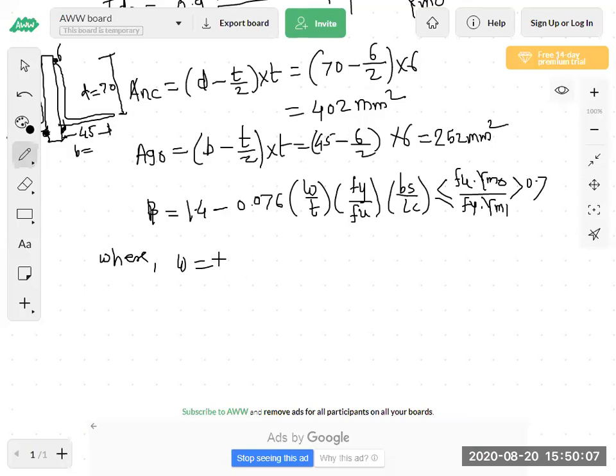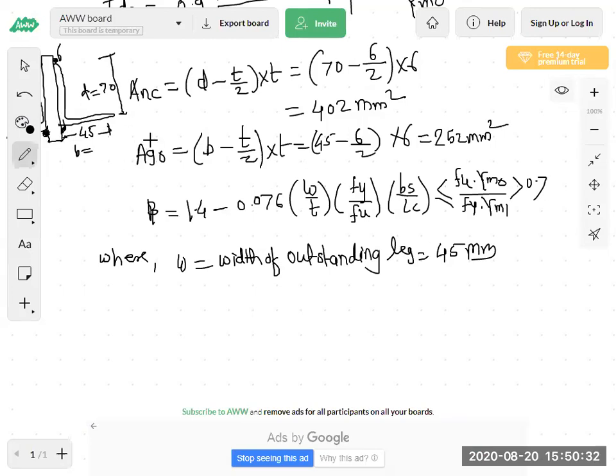Width of outstanding leg. So the width of the outstanding leg is equal to 45 mm. This is the width of the outstanding leg: 70 mm is the connected leg, and 45 mm is the outstanding leg.